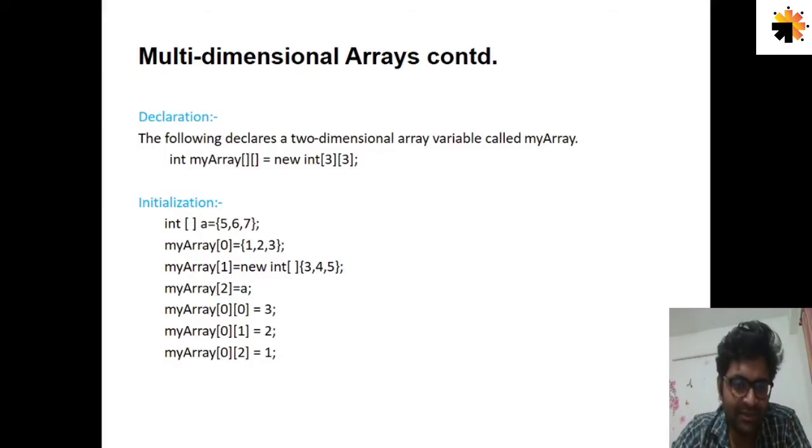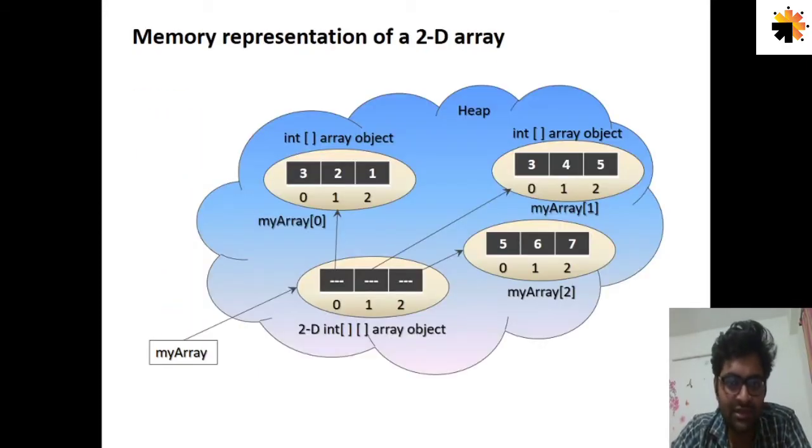Let's see the memory representation of my array. So if I take this cloud as a heap memory, you can find there is a base array, which is my array, with indices 0, 1, 2.